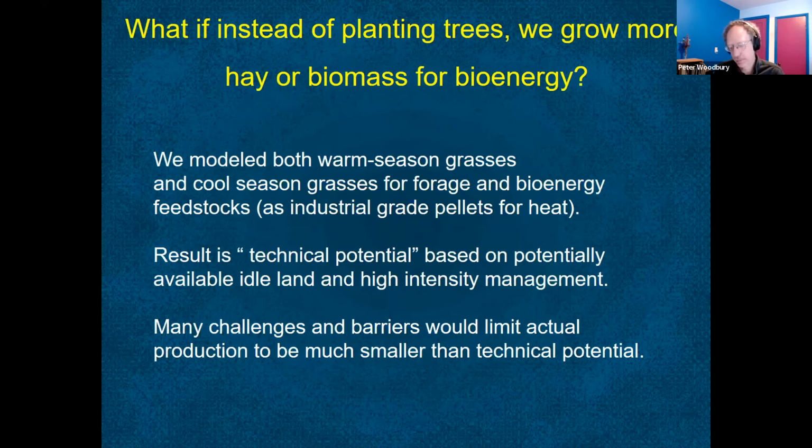We also looked at the possibility of increased grazing and beef production on these lands. This next slide is what's called technical potential. This would be if we use this entire land base of 1.7 million acres for these activities. And again, there are many reasons why it would be challenging to reach that technical potential.